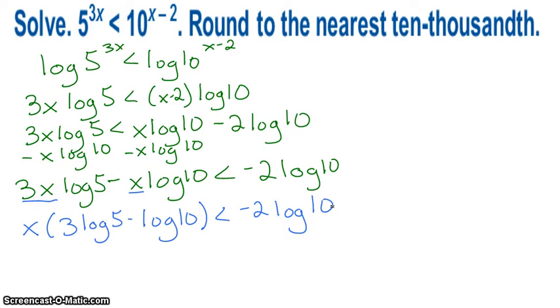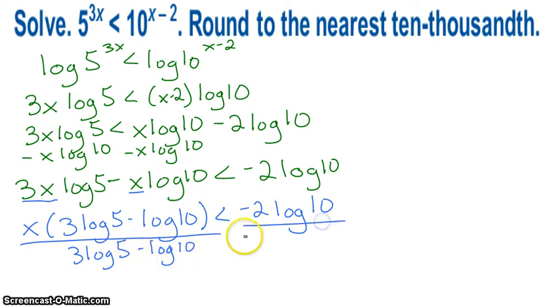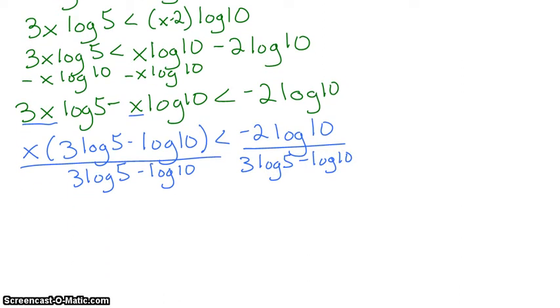And now we have the joy of dividing both sides by this quantity. Though it looks a bit ugly just because there's a lot going together, it does make sense.